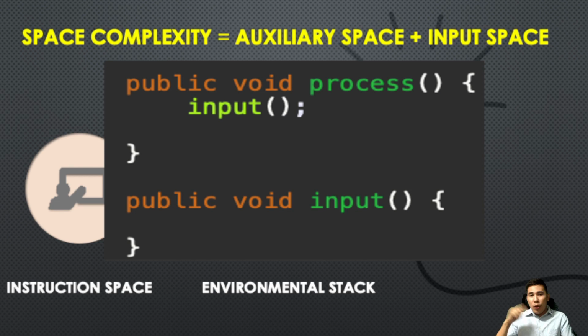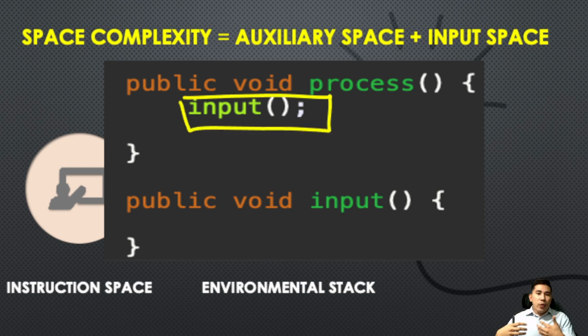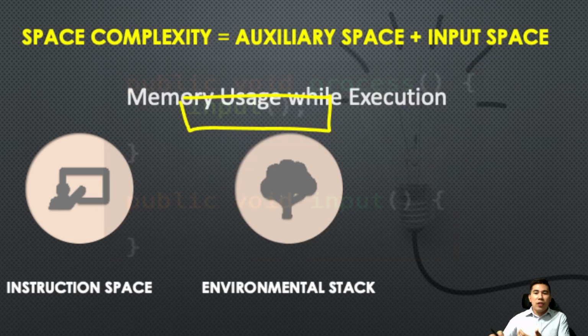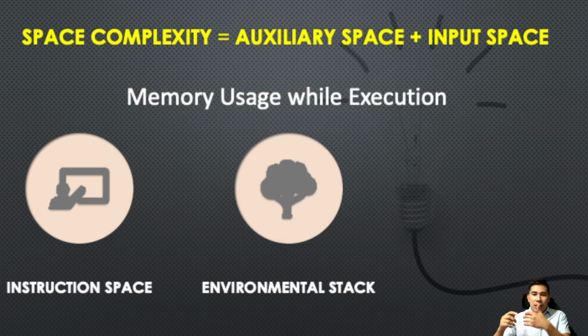For example, you have a function called process, which calls the function input inside it. Then all the variables of the function process will be stored temporarily on the system stack while the function input is called and executed, until the function process is done.